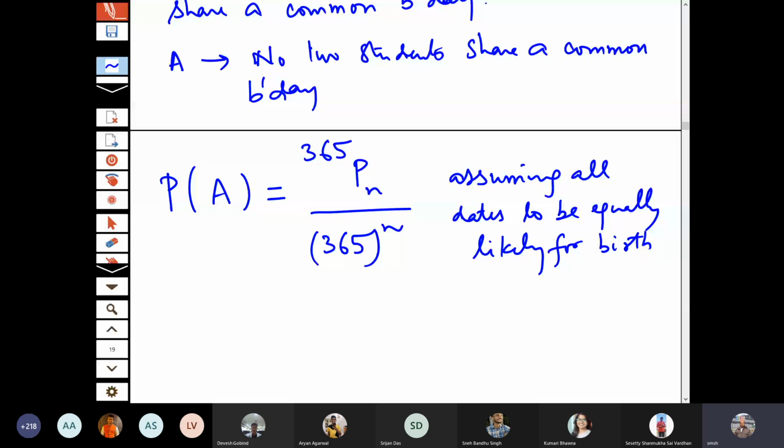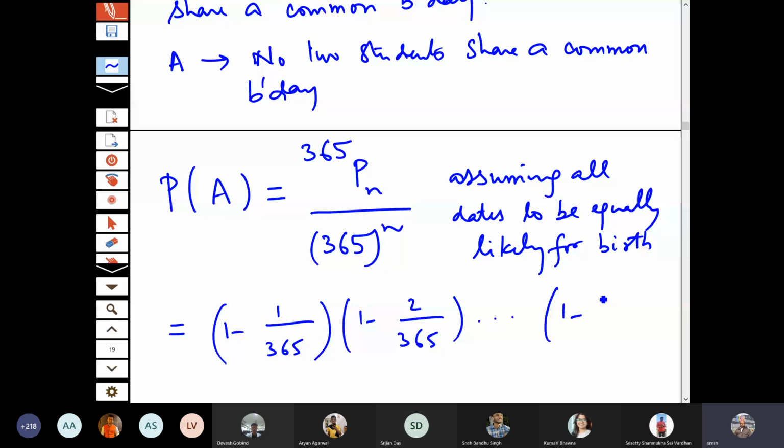If you want, you can expand it and write it in a different way, like (1 minus 1 by 365), (1 minus 2 by 365), and so on, up to (1 minus (n minus 1) by 365).